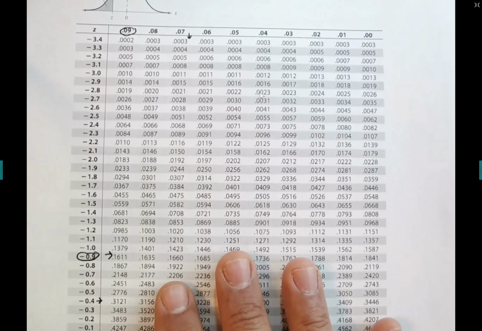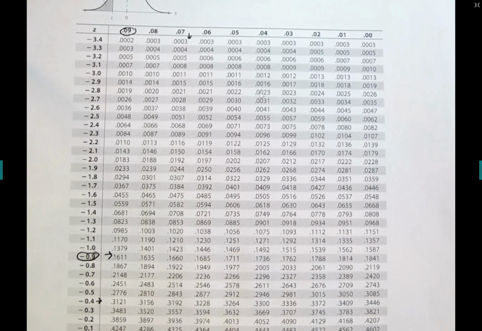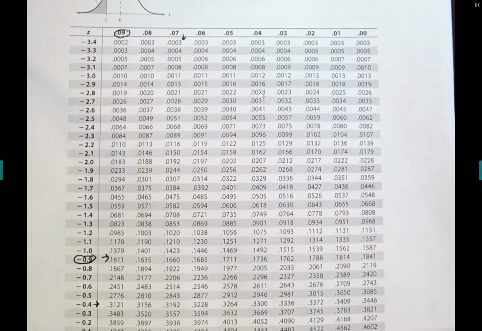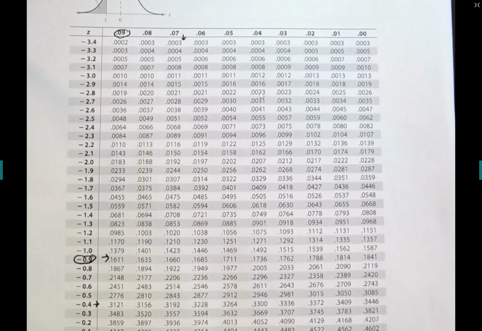Negative 0.47. What would be the answer? Can someone read it? I can read it myself here. What's the area? Please don't be shy of participating. You can participate through chat. 0.3192.